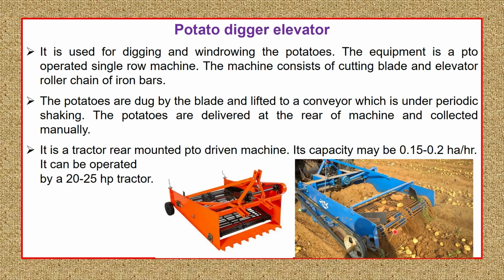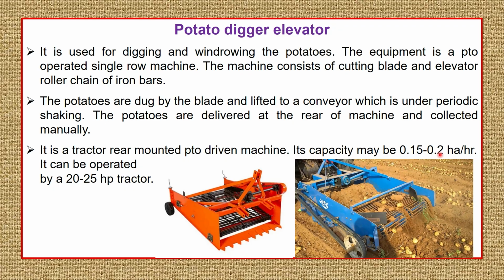Through the slots all the soil falls down, and by the time they reach the end of the digger, only potatoes with big clods are conveyed and discharged at the rear in a swath. Later all these potatoes are collected manually, and that's how potato harvesting is done with the help of a potato digger.